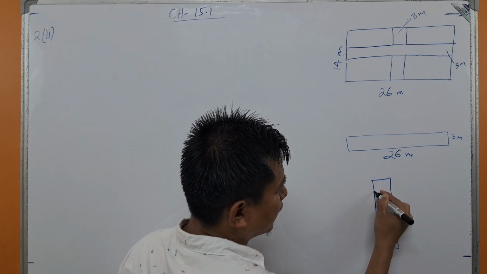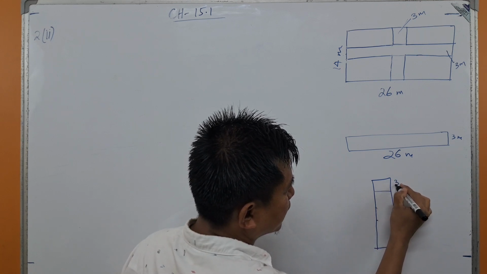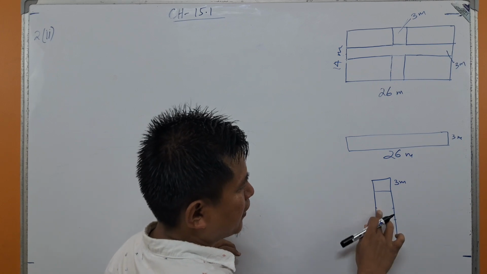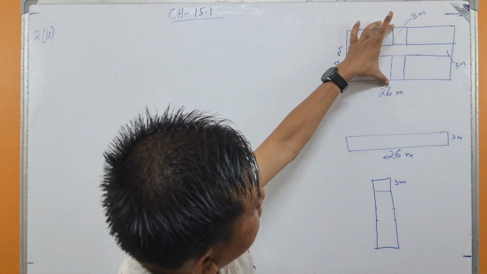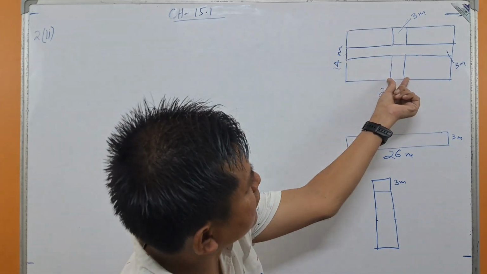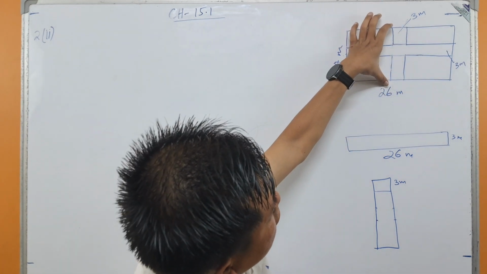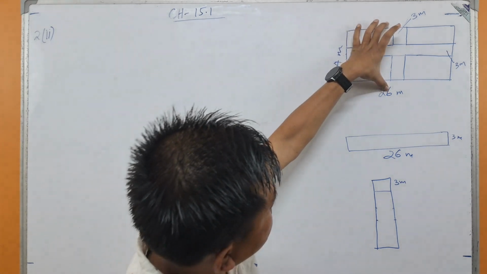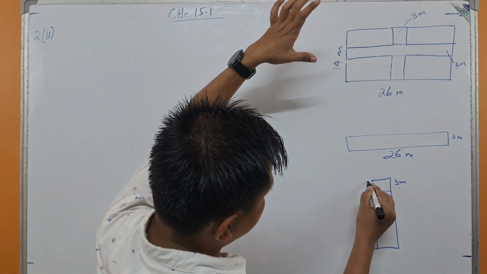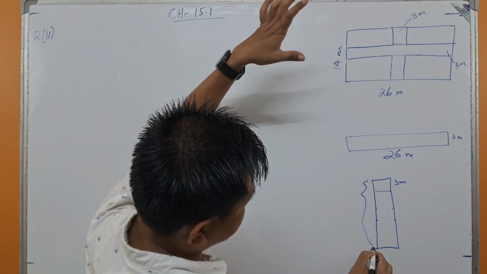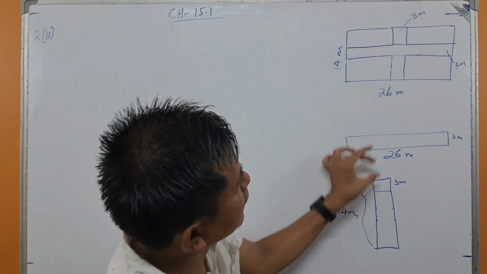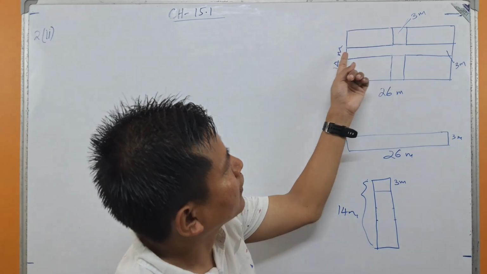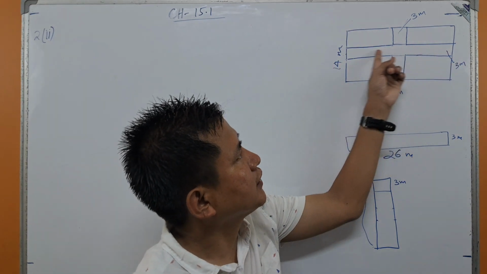Now the total length for this small rectangle is 14 meter, isn't it? Total length from top to bottom is 14 meter, but 3 meter has already been calculated while calculating the area of this rectangle.